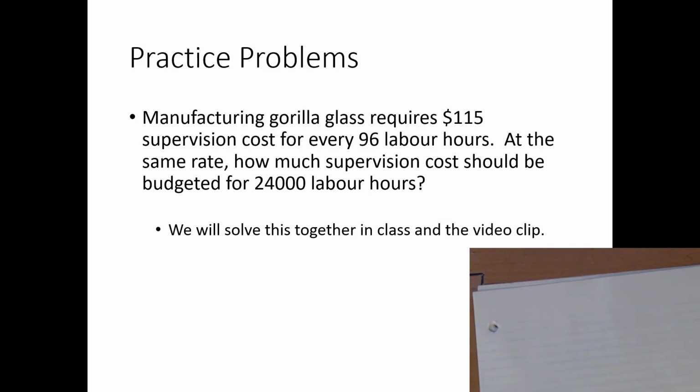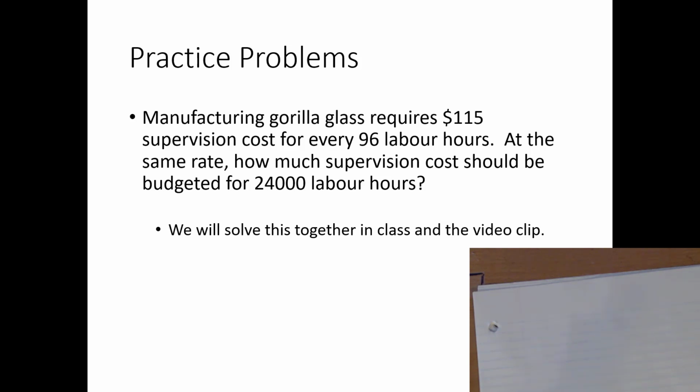So let's do a problem together here, and it's an allocation problem, or an allocation-like problem. We have the situation where we're manufacturing Gorilla Glass, and it requires $115 of supervision costs for every $96 of labor costs. So we kind of see a ratio there. At the same rate, we're going to use that ratio.